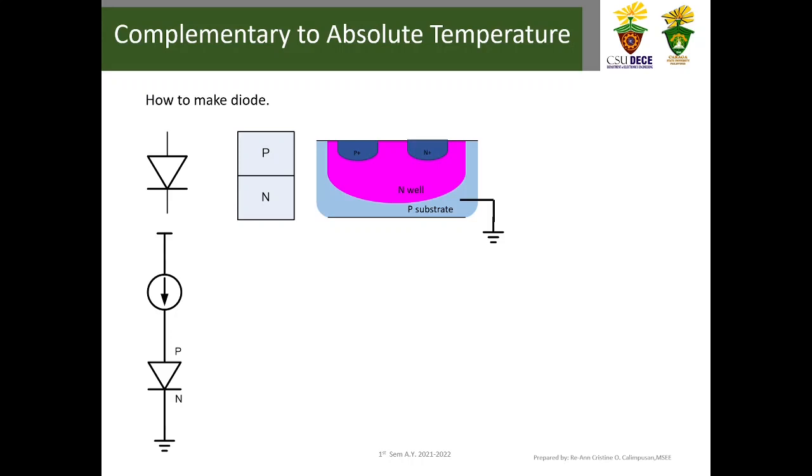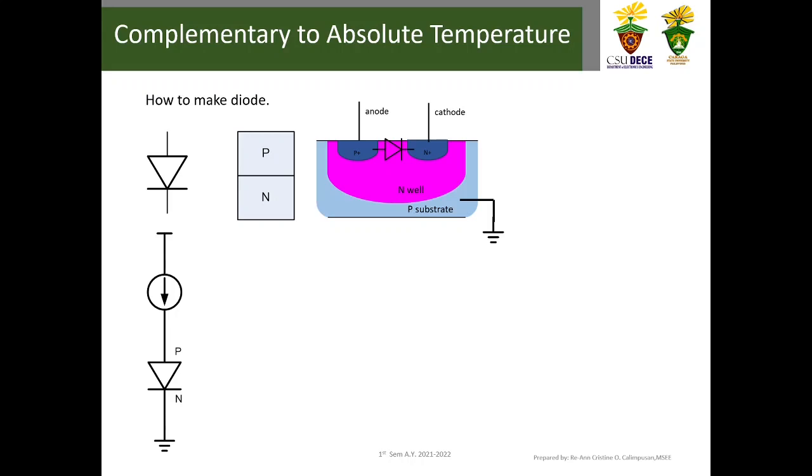We have implants of P plus and N plus. As you can see, we can connect the P as the anode and the N as the cathode. So we have the anode, which is free to be connected to other circuitry, not to the ground. You can connect it wherever you want. So it is free, and the cathode also.